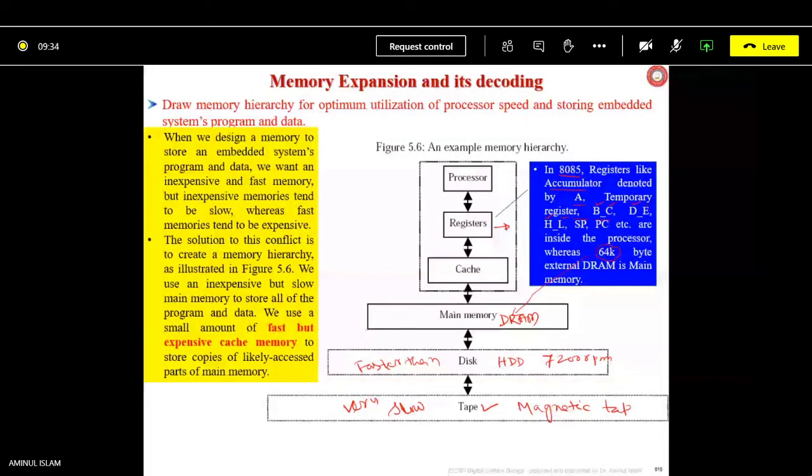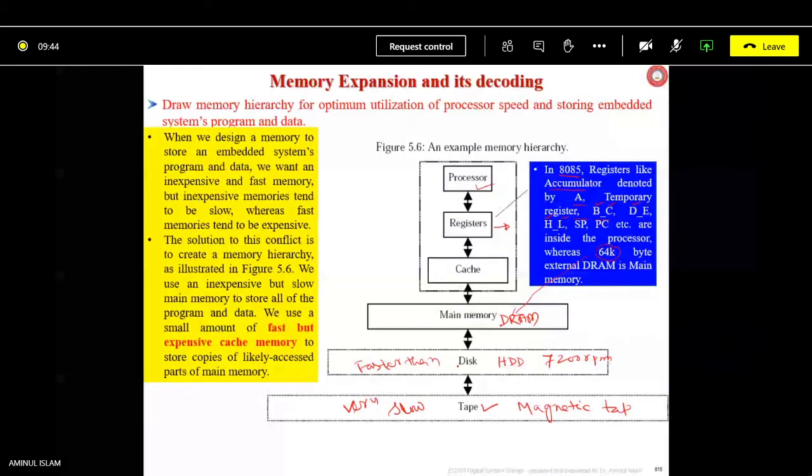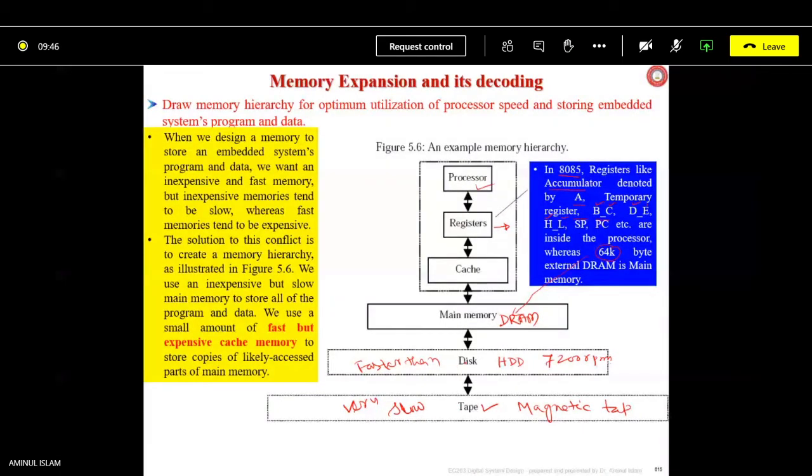And the question is, the processor is very high speed, whereas the tape is very slow. So to increase the speed, the faster hard disk was developed, but still the processor is so fast compared to the hard disk that when the processor sends a signal for a read or write operation to the hard disk, it has to wait for a very long time, like a day.